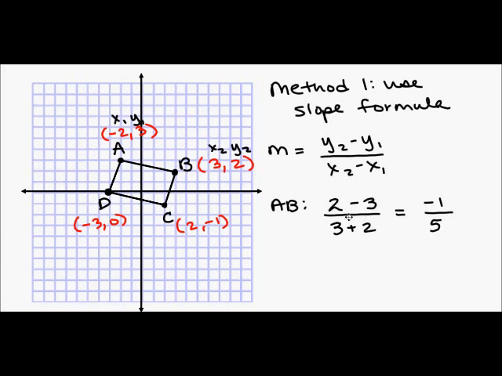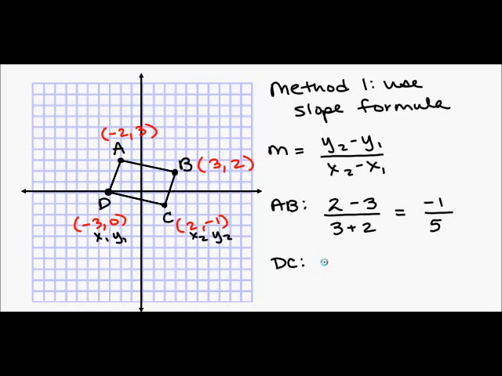Okay, so what I want to check is to make sure that the opposite side, DC, has the same slope. So it needs to be negative 1/5. So I'm going to go ahead and move my labels down to C and D and plug in again.